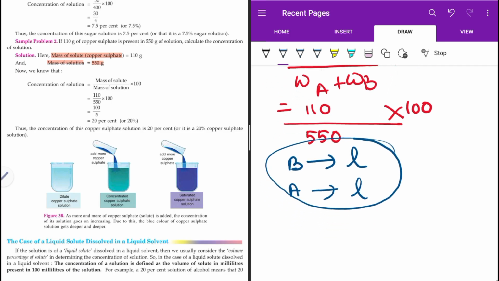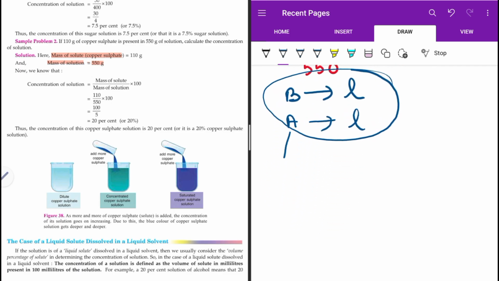In this case of the solution, again I am telling you that A is chosen as the solvent and B is chosen as the solute.